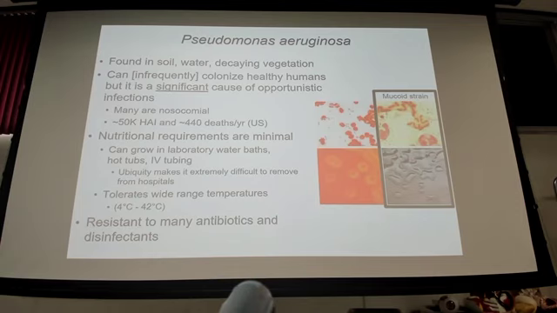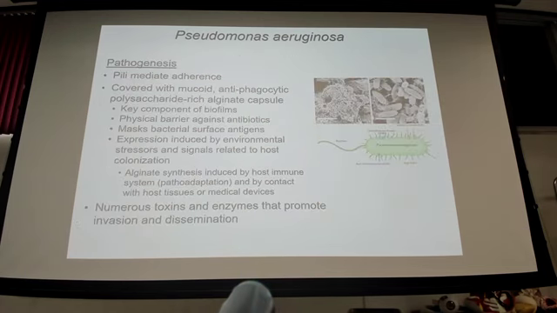Broad temperature range, and there's one other feature. It's not on this slide, but it is on this slide. What's another feature that really contributes heavily to its ability to cause some of these problems? Biofilm formation. Yeah, it is a big biofilm producer. And that contributes to its antibiotic resistance as well.